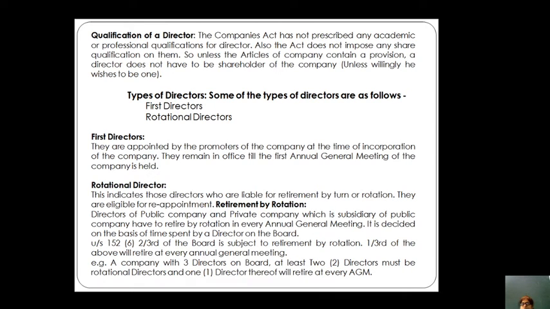See what our Companies Act 2013 says, that he need not have any academic or professional qualification. It means it is not necessary or compulsory that he should be an engineer.